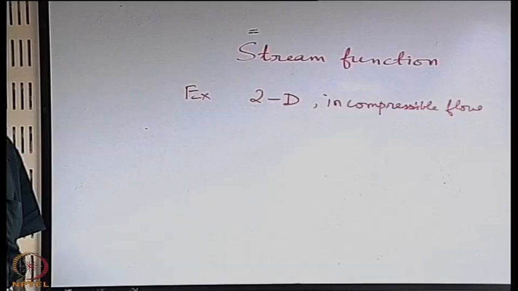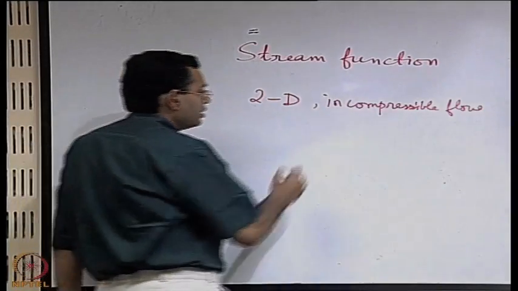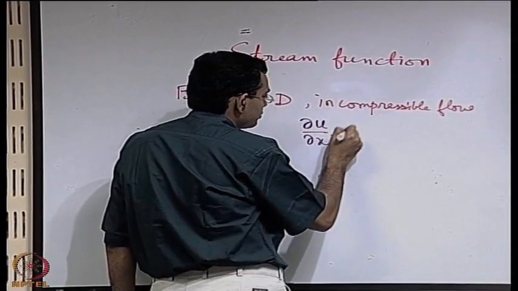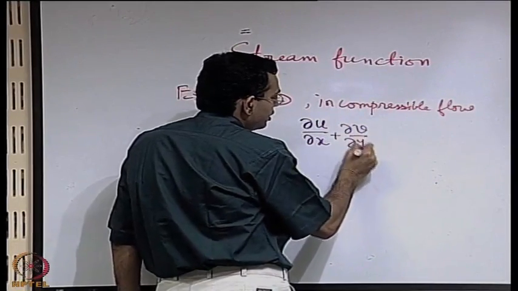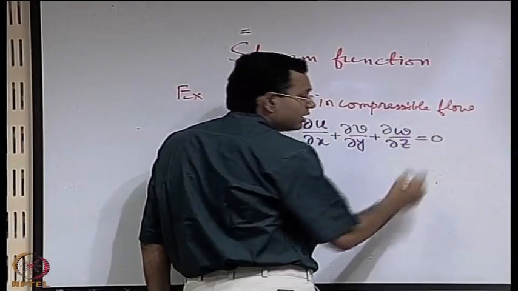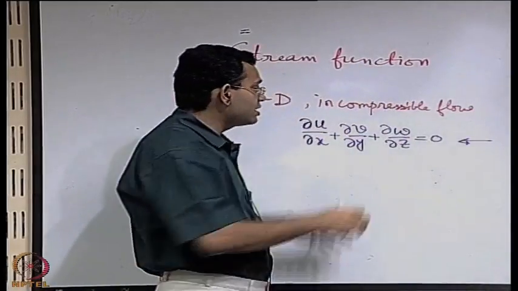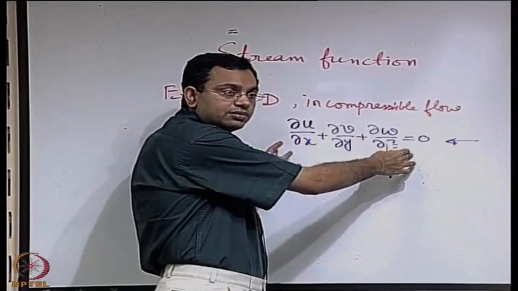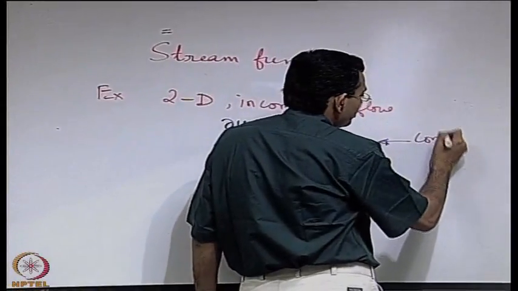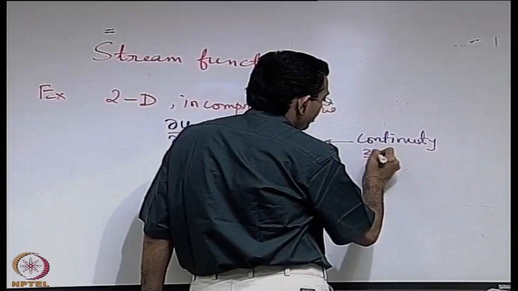What is the form of the continuity equation for two dimensional incompressible flow? If it was a general 3-dimensional flow, then it would have been this equal to 0 for a general 3D but incompressible flow, because this is the condition for incompressibility, 0 volumetric strain. So this is the continuity for 3D and incompressible flow.